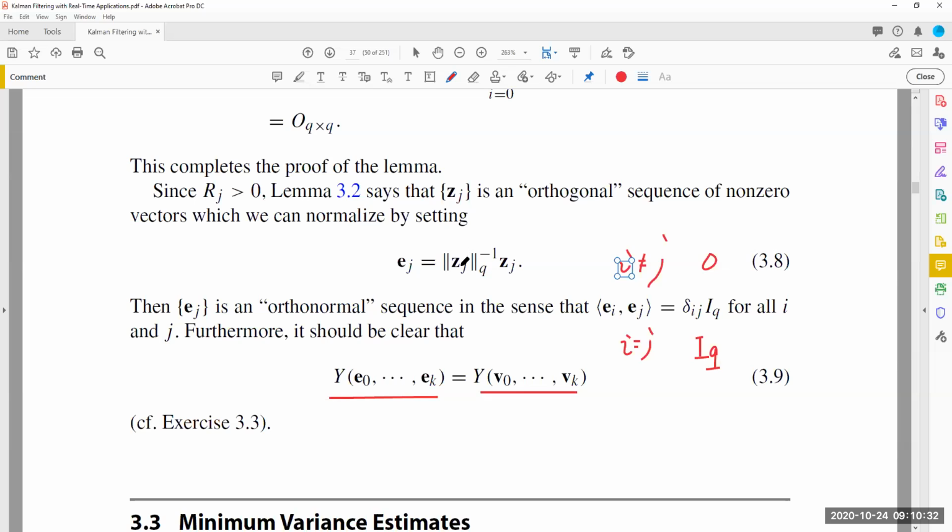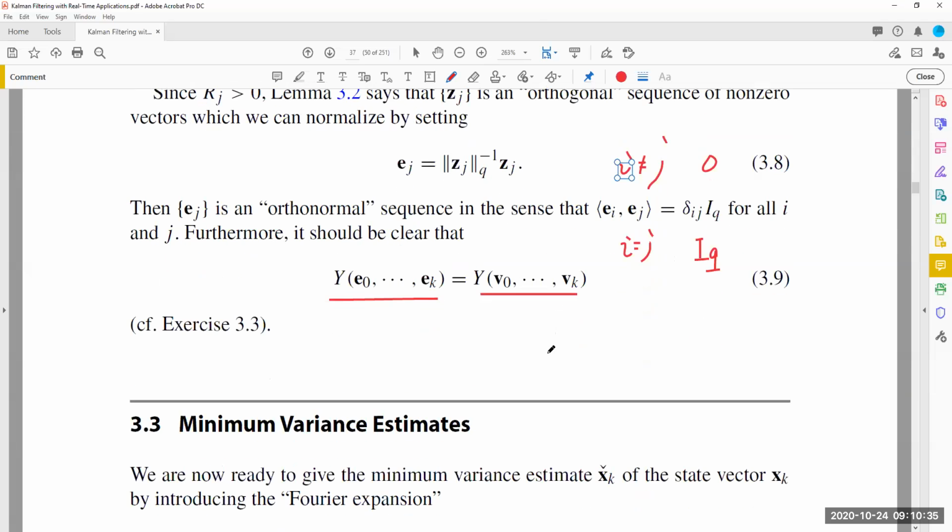If I draw a graph to show the relationship, we have the measurement process Vj. Then we can use a causal linear operator to get the sequence of Zj.